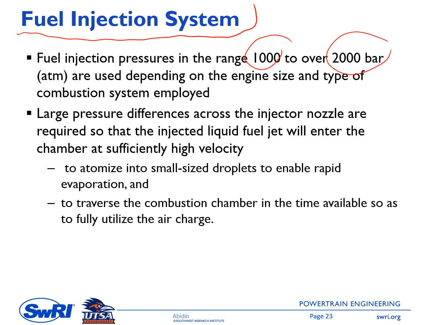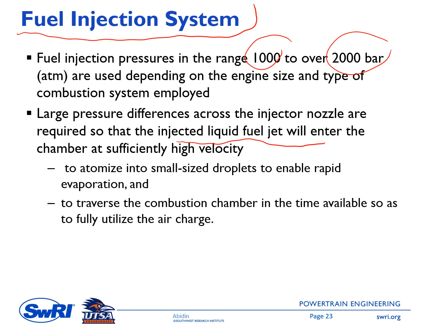Usually this injection pressure level depends on the engine size and the type of combustion system employed. Large pressure differences across the injector nozzle are required so that the injected liquid fuel jet will enter the chamber at sufficiently high velocity.